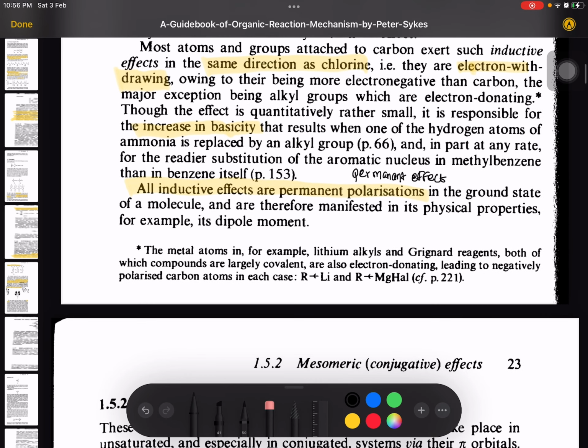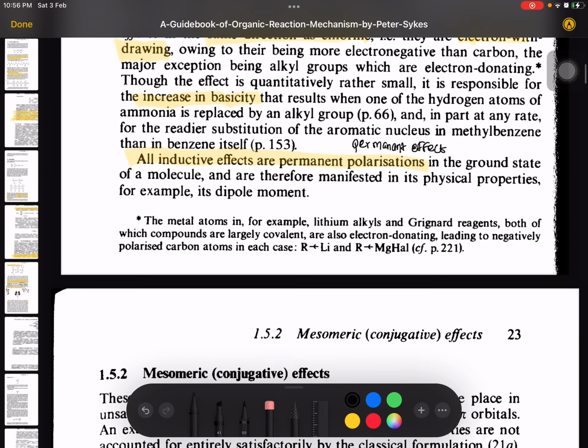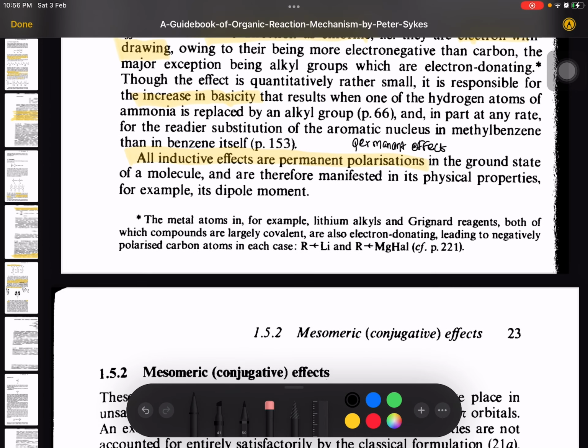Though the effect is quantitatively much smaller, it is responsible for the increase in basicity that results when one of the hydrogen atoms of ammonia is replaced by an alkyl group, and in part, at any rate, for the easier substitution of the aromatic nucleus in methylbenzene than in benzene itself.